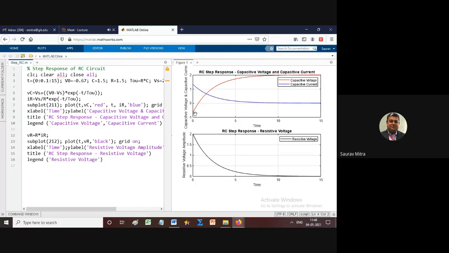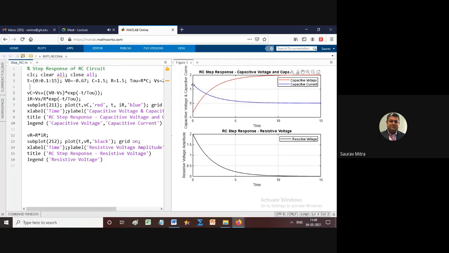See here, the starting point is negative. If you see the cursor here, it is starting at minus 0.67, because you have kept V0 as minus 0.67. So it is starting at minus 0.67, but it is going up to 2. There is no doubt about that. And the current is also reducing.